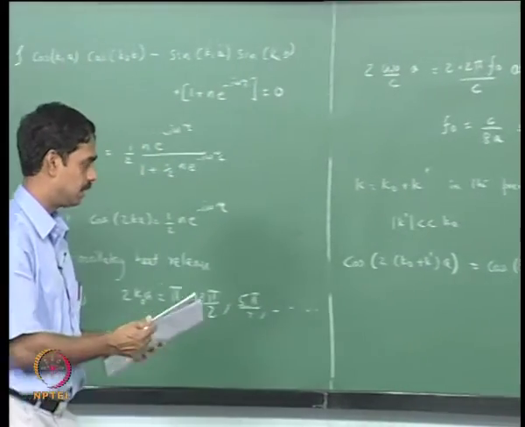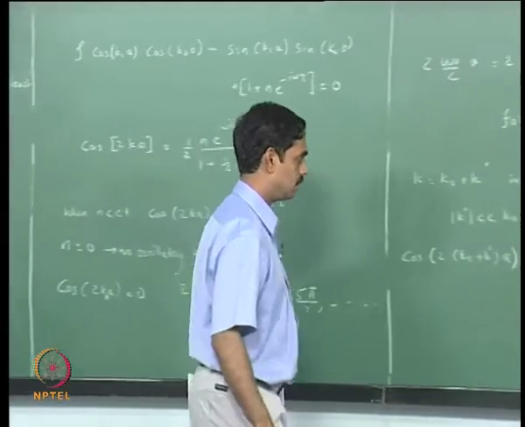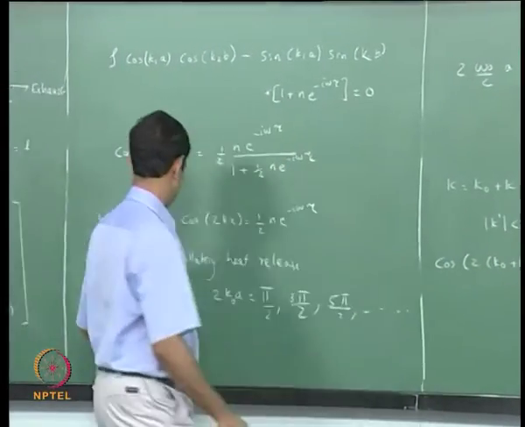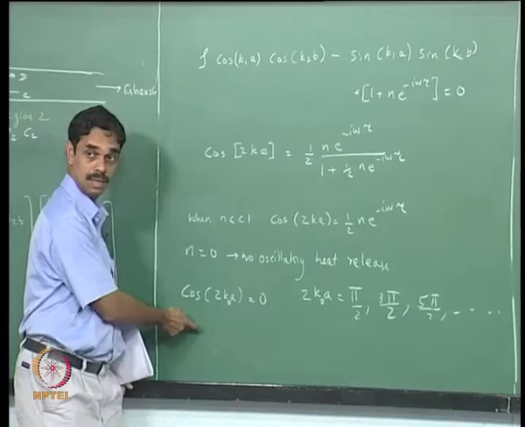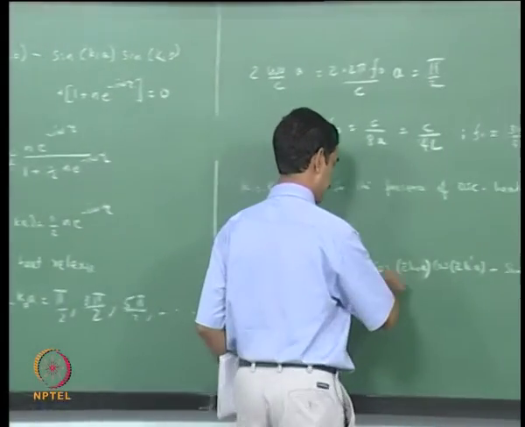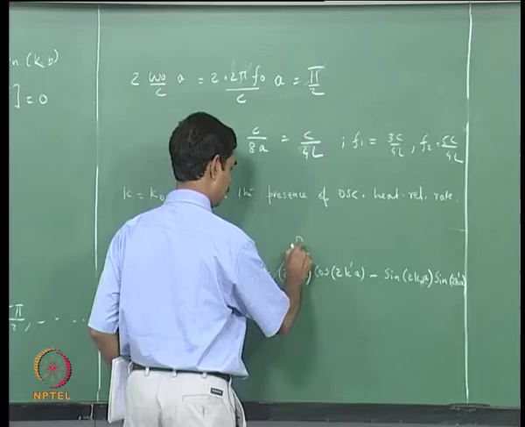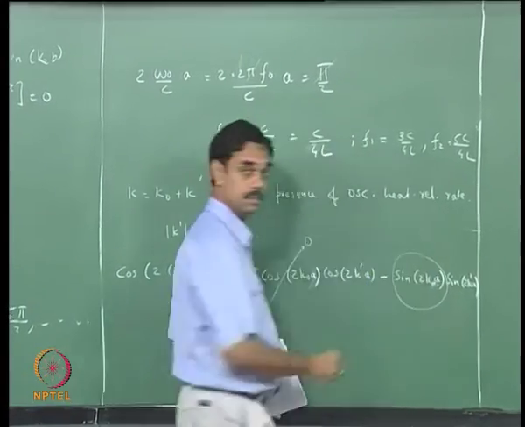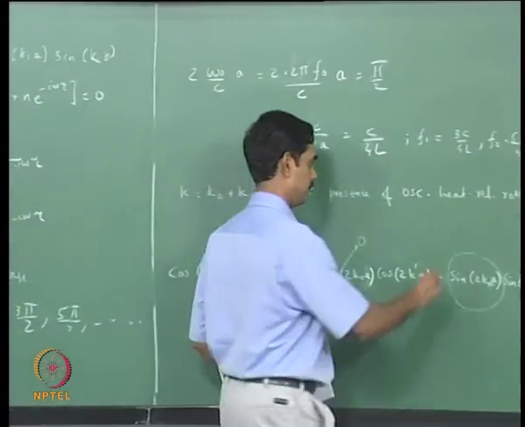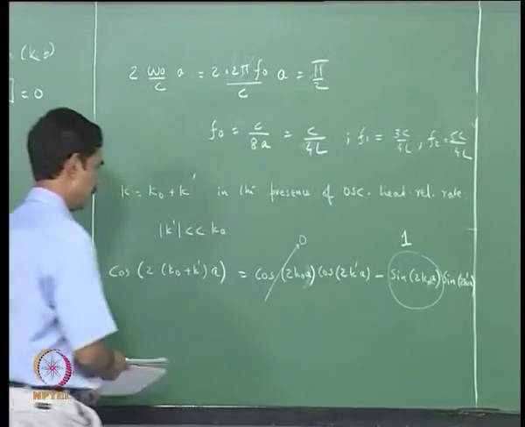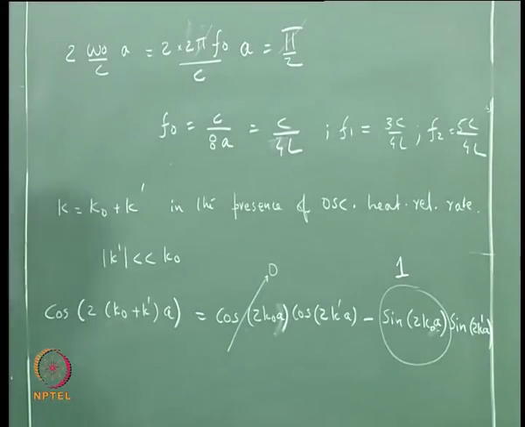Now, can you simplify it any further? So, cos 2k naught a would be 0, right? That would be the case when there is no heat release, and we are expanding around that. So, we can drop this term, and what will happen to this term? 1, perfect. So, we would have this thing as just a minus 1.